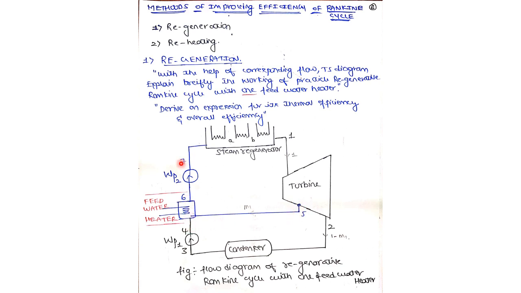What happens in the normal Rankine cycle? The steam is allowed to expand from state 1 to state 2 directly. The total steam expands completely to state 2, and then it is sent to a condenser. In the practical regenerative Rankine cycle, in the middle of the expansion, the steam goes on expanding, and at the middle of its expansion, they take a tapping from the turbine.